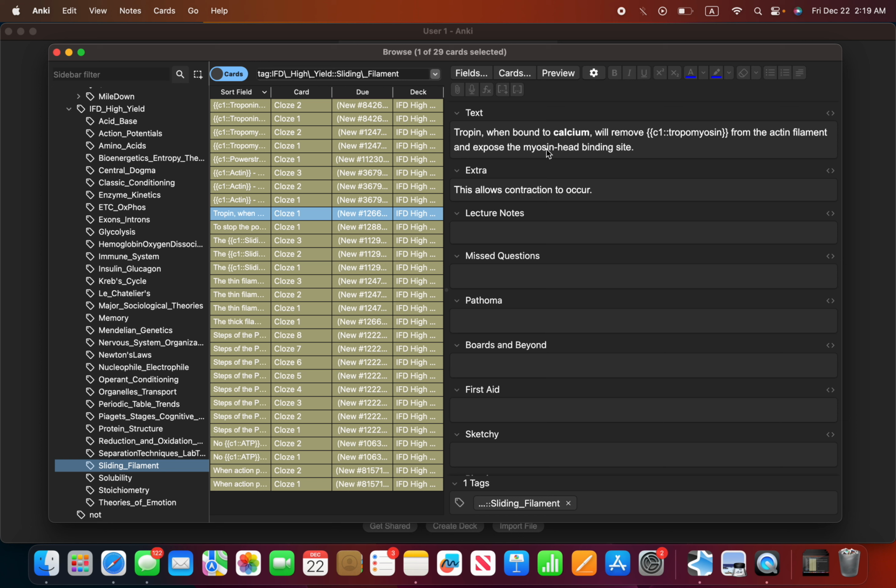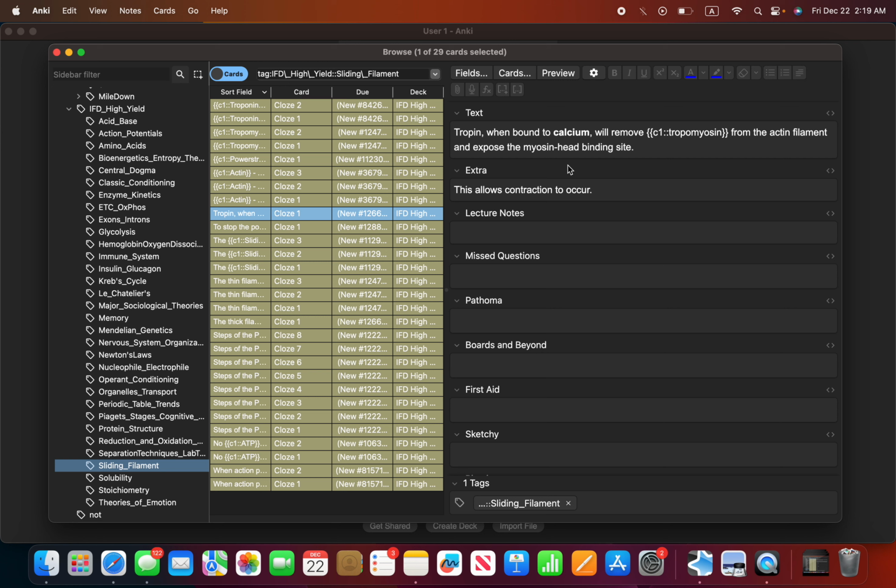So they have a reverse relationship, right? When troponin is bound to calcium, the tropomyosin is not bound to the actin filament.